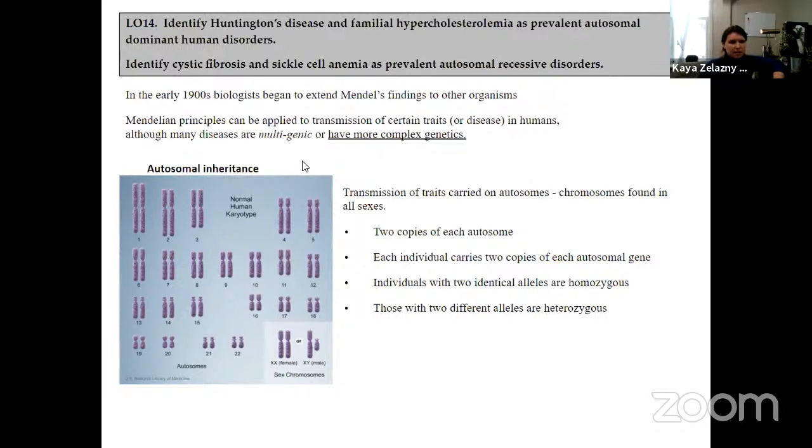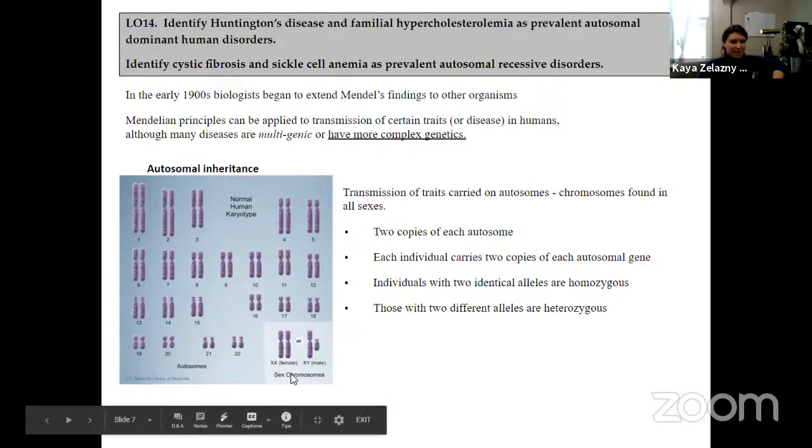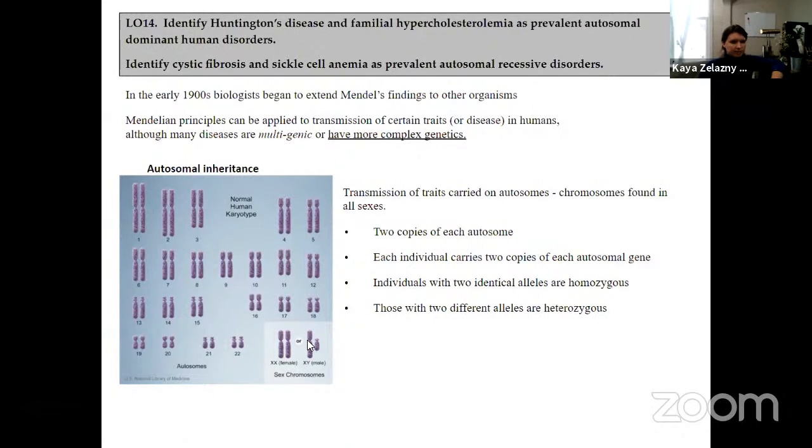And that is because the inheritance of our normal chromosomes, our autosomes, are the same for males and females, but specifically traits that are carried on sex chromosomes, so the X and the Y chromosome, are going to be inherited differently in males and females.